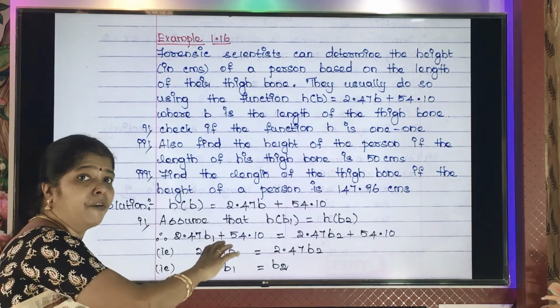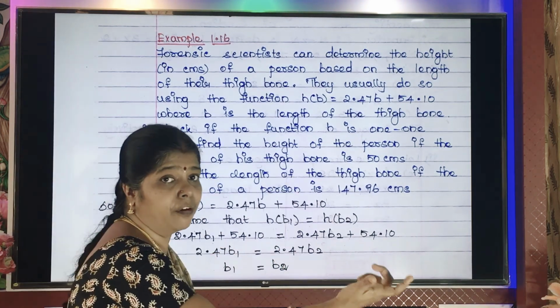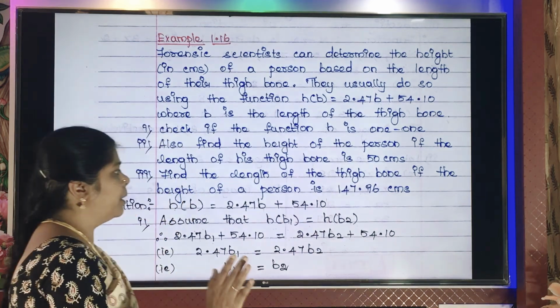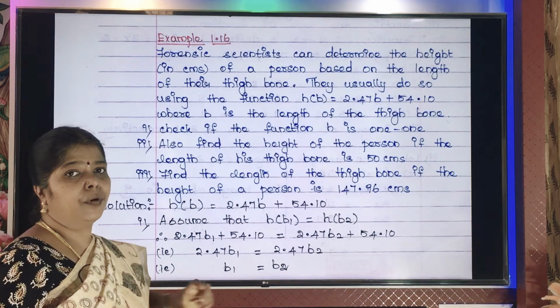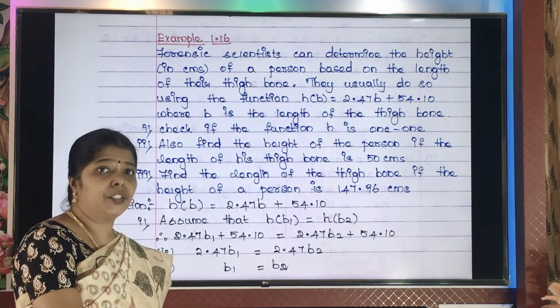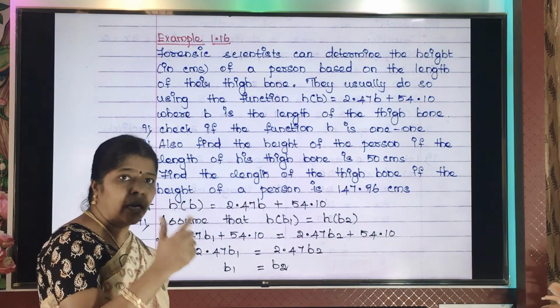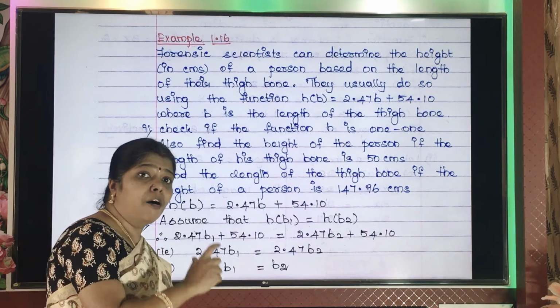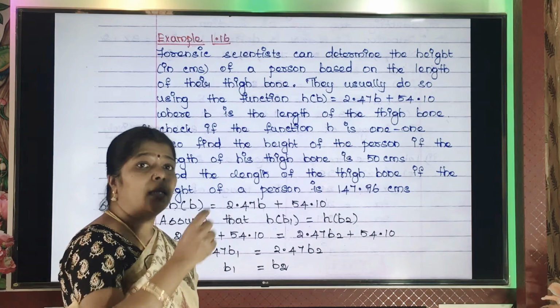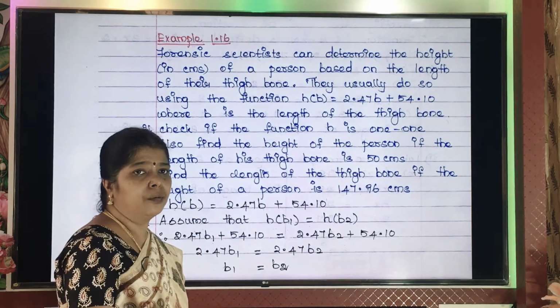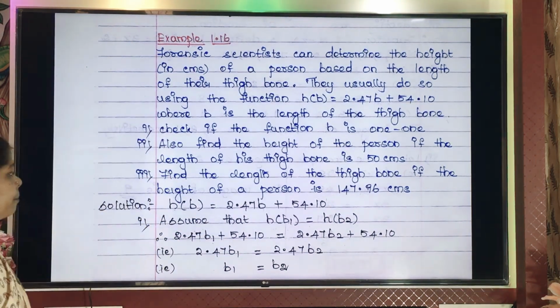Whenever F of A1 is equal to F of A2, A1 should be equal to A2. So that concept I am going to apply here.